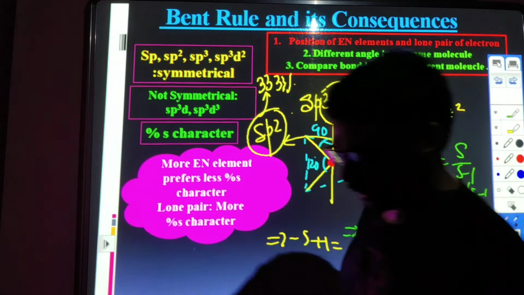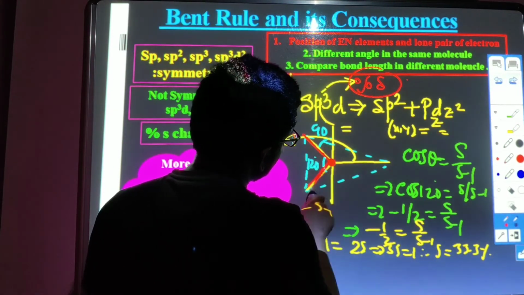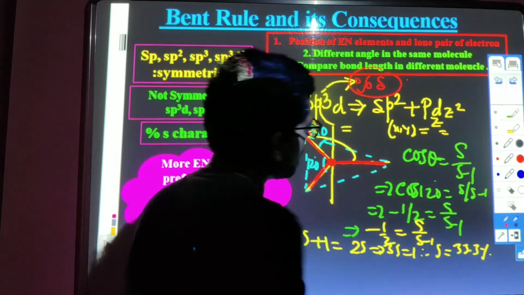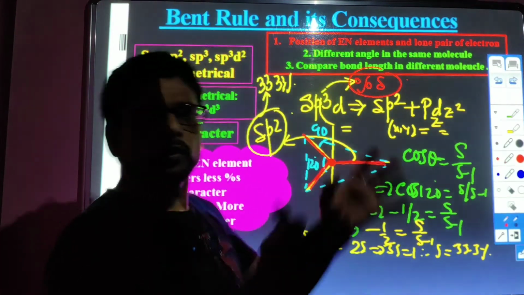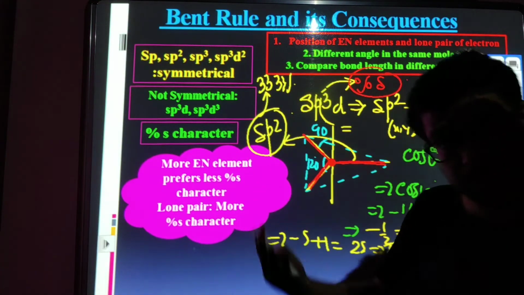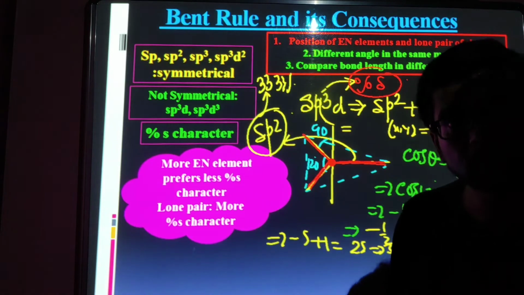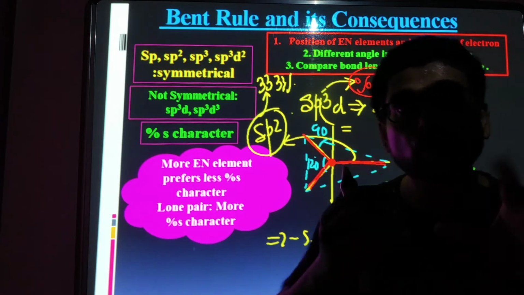Now you can say that these are the positions in sp3d geometry where lone pair will be happy because percentage of S character is more. Lone pair needs more space. Lone pair is bulkier. Lone pair and a group containing double bond, they need more space.